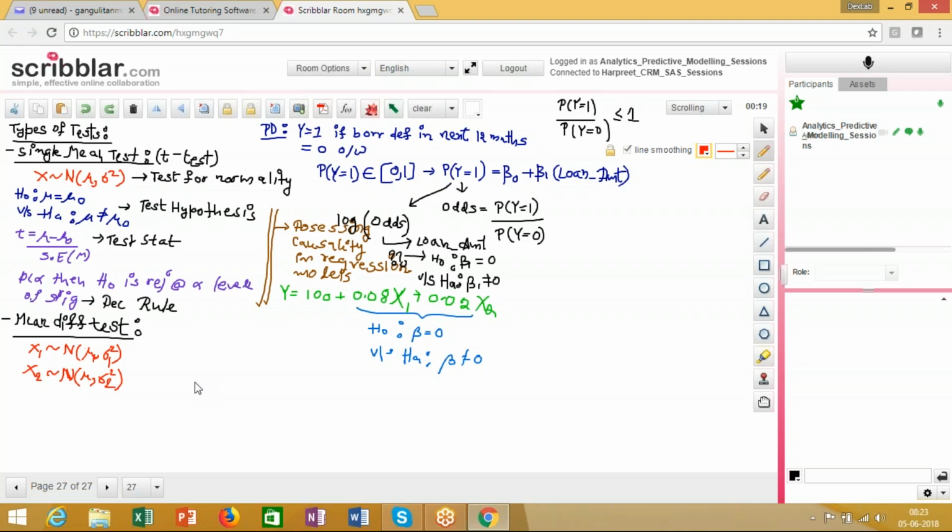So over here, x1 follows a normal distribution and x2 also follows a normal distribution.